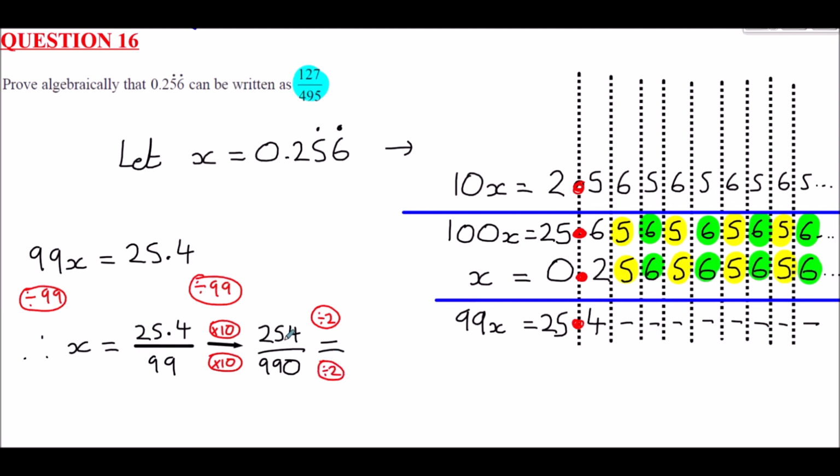So 254 halved, well, half of 200 is 100. Half of 54 is 27. Likewise, if we half this, if you're not sure, you can just do it the slower way, which is fine, by doing long division. 2 into 9, we can fit 4 of them, because 2 times 4 is 8.